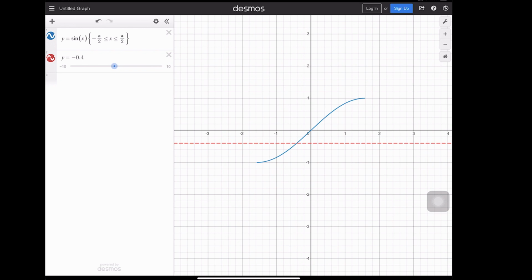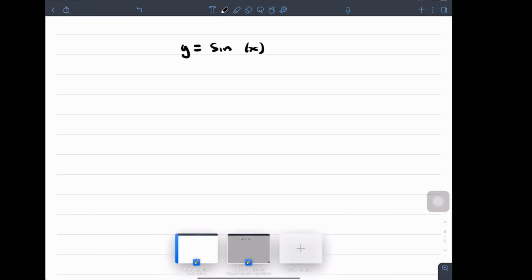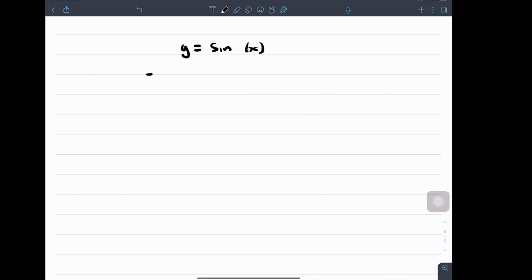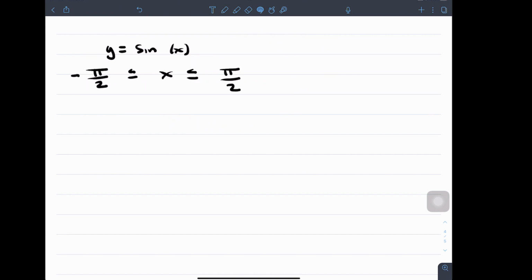Okay, so take a look at that. Isn't it 1-to-1 by the horizontal line test now? So when you see this, you'll always see they have a restricted domain. This is your restricted domain here. They're always going to give this to you this way in every trig book.